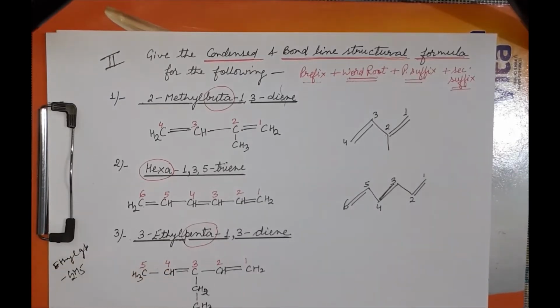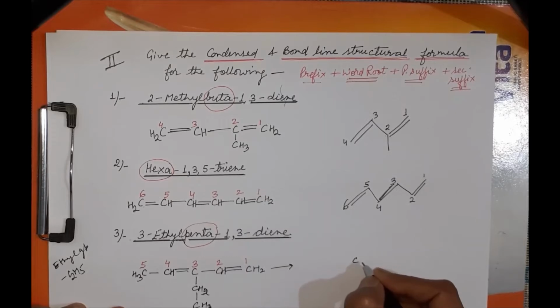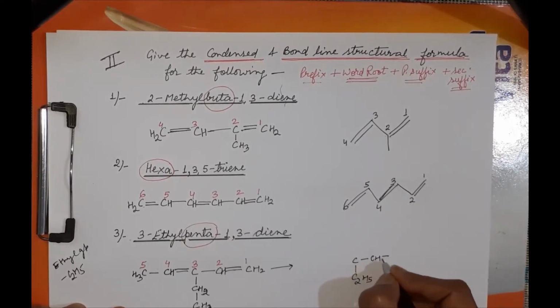So we can write this ethyl as CH2, CH3 also. Okay. And we can write it in another way also. We can write it like this. In place of this chain, we can write C2H5 also in the condensed structural formula.